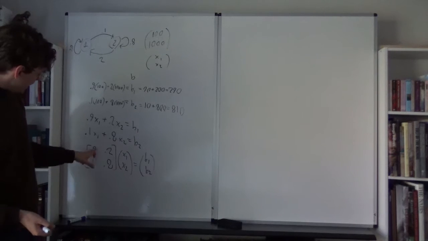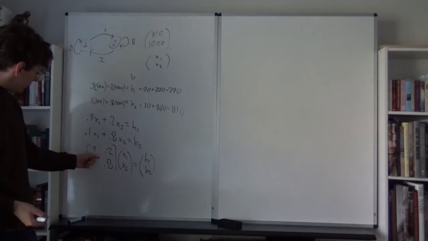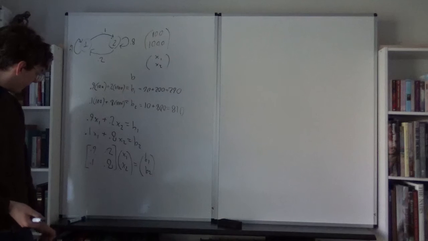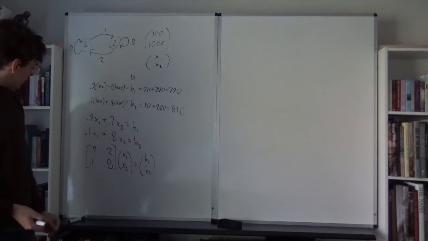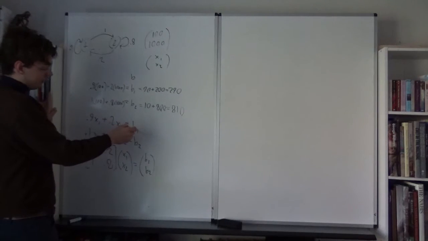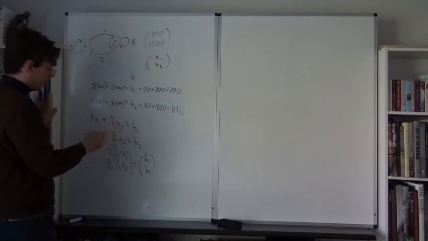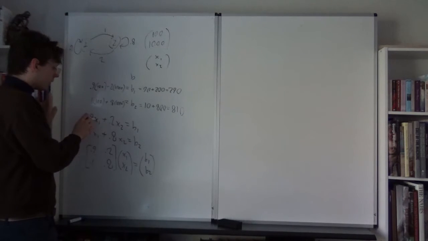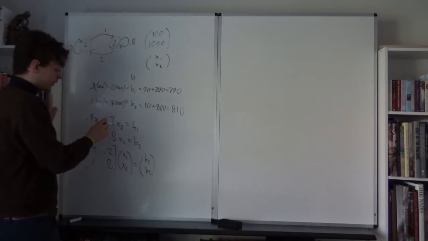Now, what do these different parts mean right here? What is going on right there? Alright, well, let's think about this. What does it mean in the problem? What it means here is, okay, next year for business 1, they're going to get 90% of current business 1 and 20% of business 2.